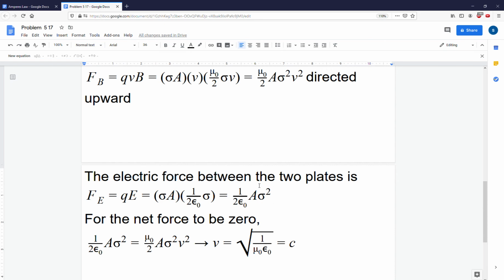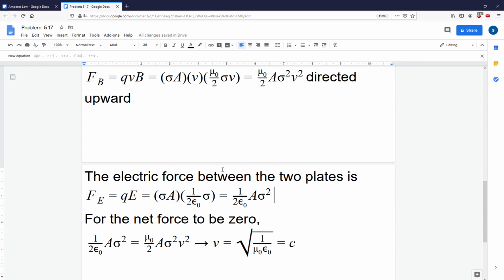Now, because the two plates are oppositely charged, that is an attractive force, meaning it pulls the top plate downward. The magnetic force pushes the top plate upward, and the bottom plate pulls the top plate downward, which means that if they are equal, then they cancel out.